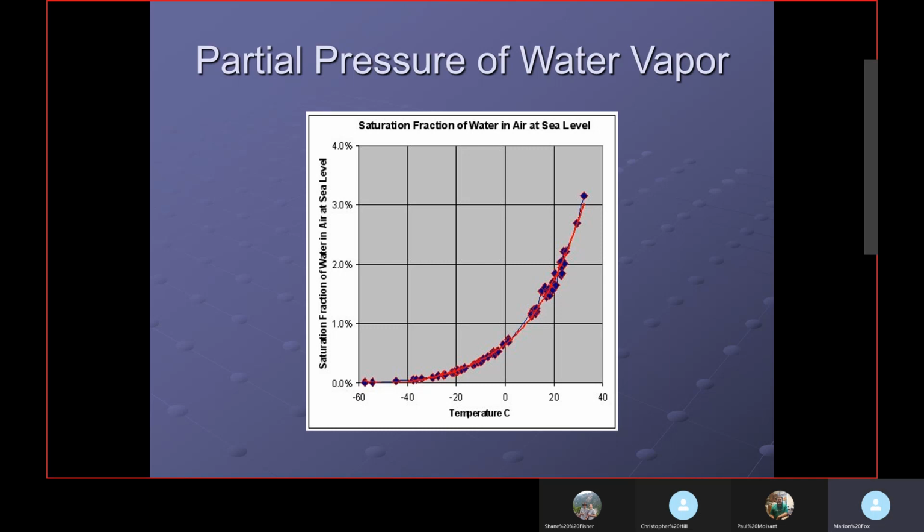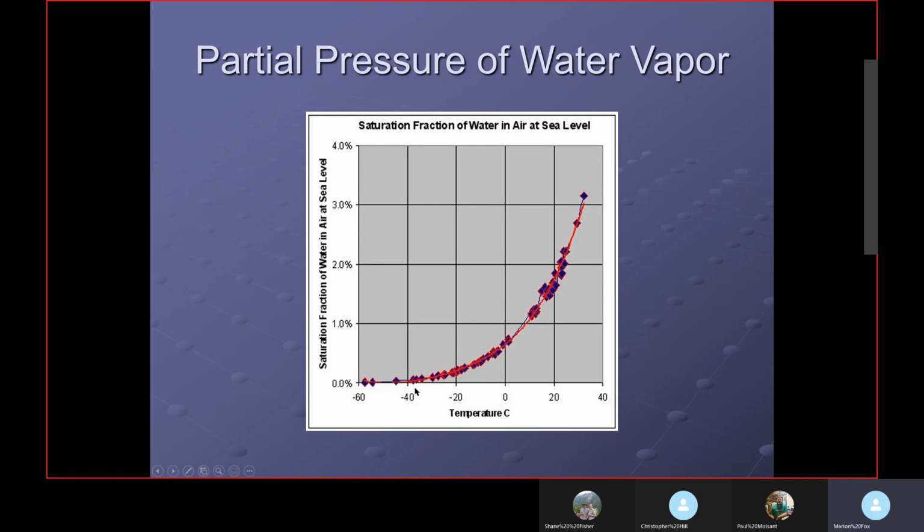Now, here is your partial pressure of water vapor. And what we have here is a graph that shows the partial pressure. And this is saturation fraction of water in air at sea level. And as your temperature goes down, going from 40 degrees Celsius down to negative 60 Celsius, now 37 degrees Celsius is human body temperature, about 98.6 degrees Fahrenheit.